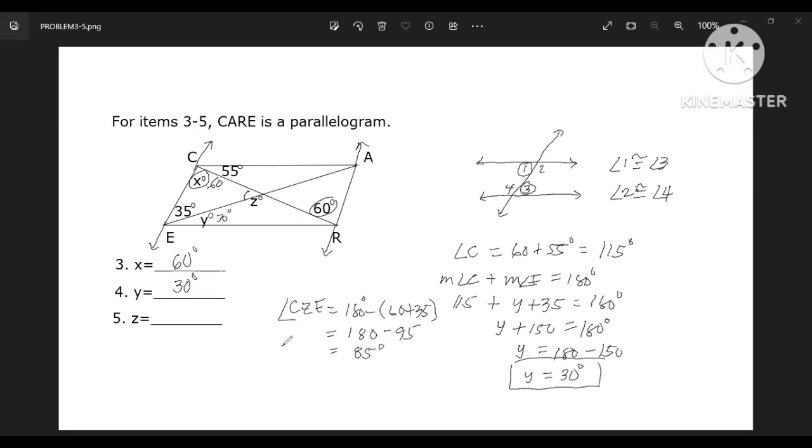Okay? That is your angle CZE. So, ito yon, no? 85 degrees. And therefore, we can now solve for Z, no? So, since they are a linear pair, as I said a while ago, Z is simply 180 minus 85 degrees, or 95 degrees. Okay? So, Z is equal to 95 degrees. And that's it, no? Okay?